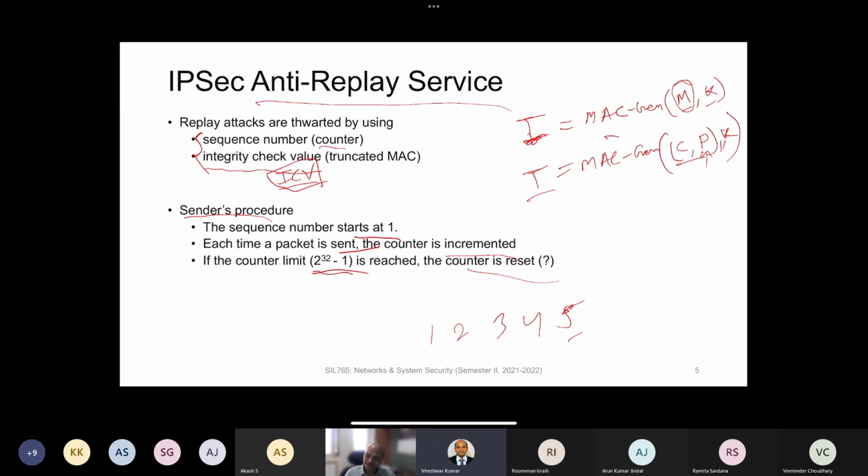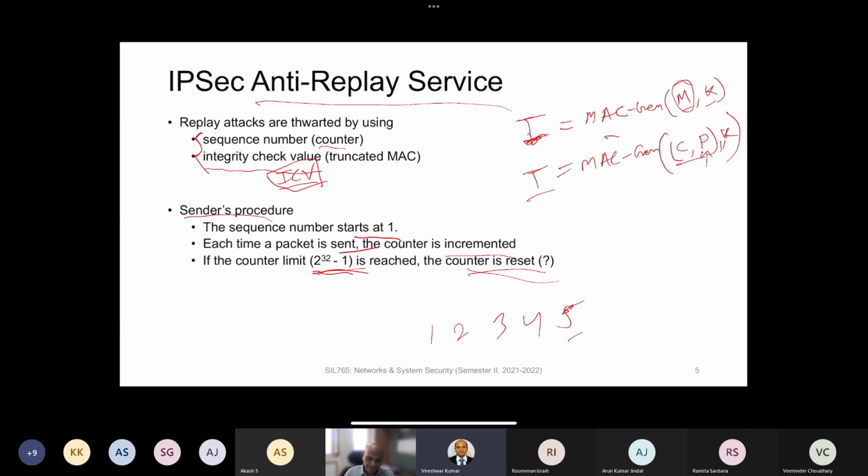This number is very, very large, so hopefully you will not reach it. But with increasing communication speed, it is possible that someday these numbers could be reached, and then you might have to reset the counter.